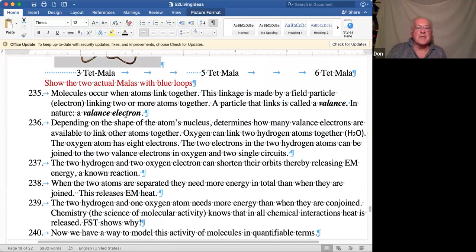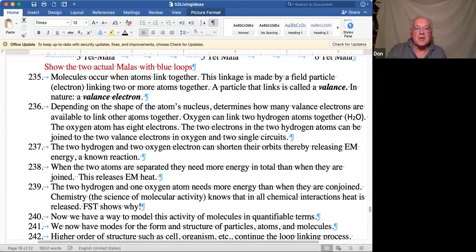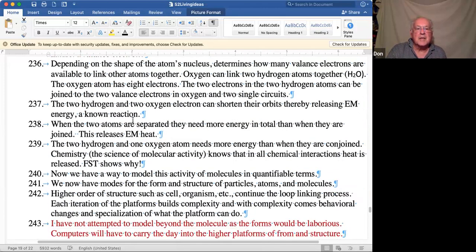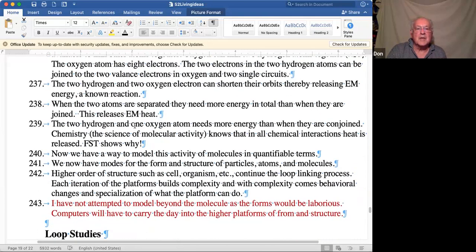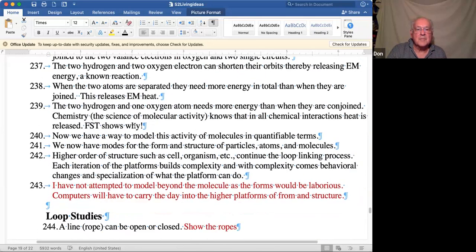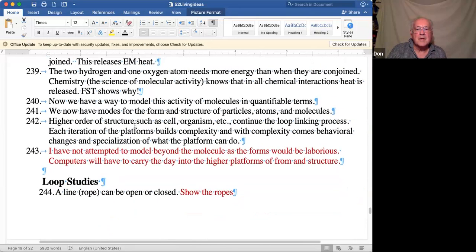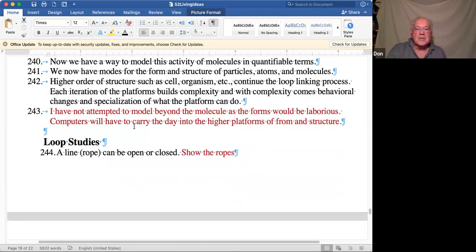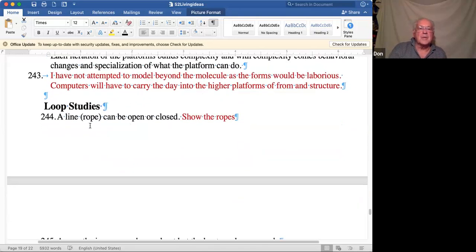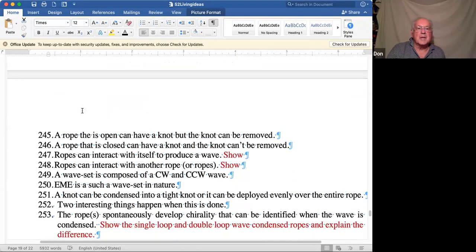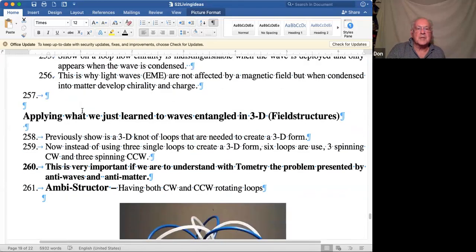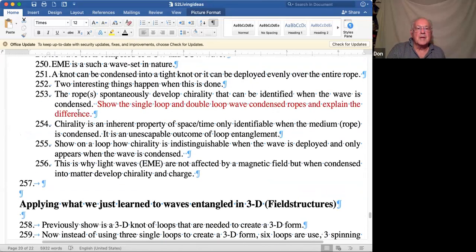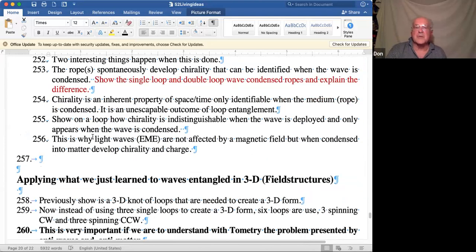I've talked about the valence electron and how that works and how energy shares. Here I'm going back and doing some loop studies. If I'm sending you this paper, you can go back and read these particular things.